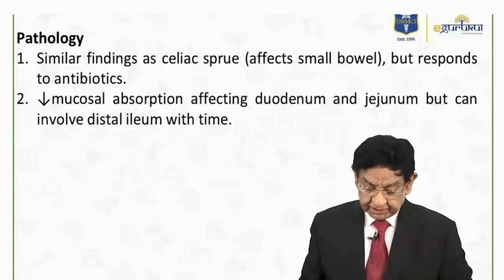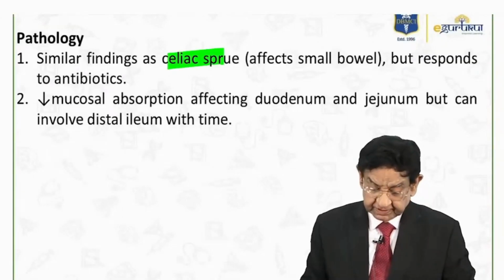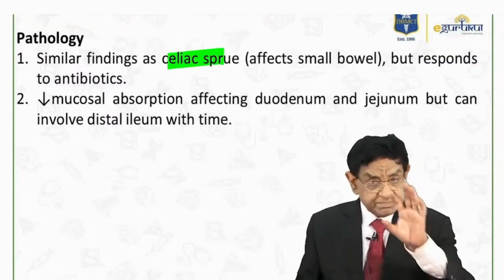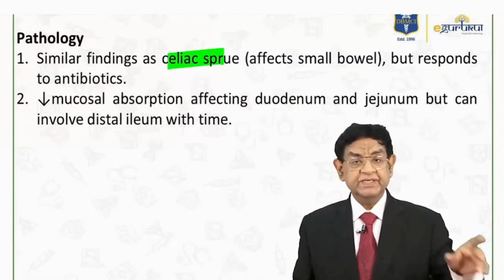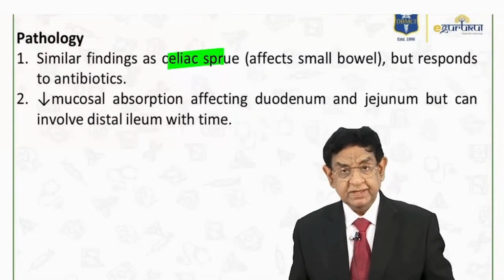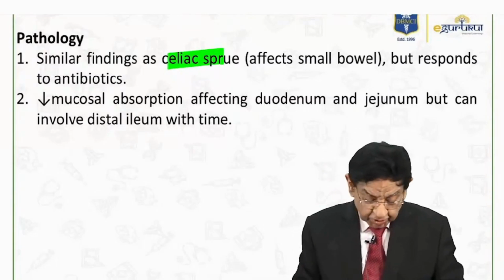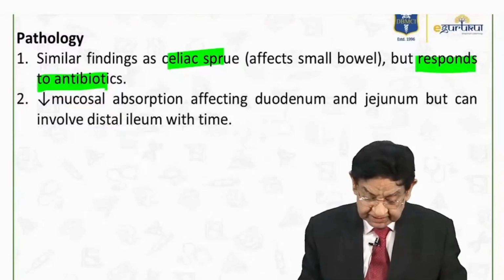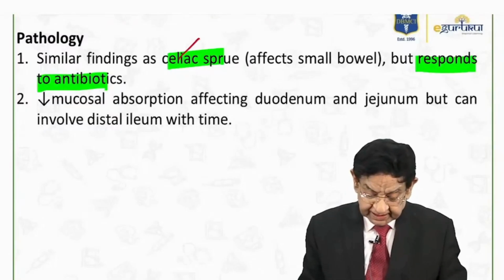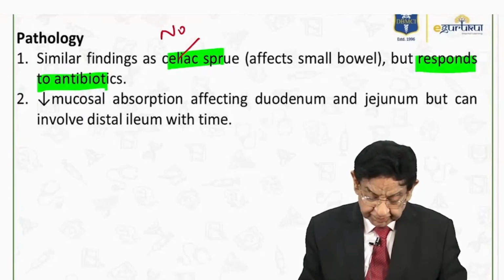Pathology is similar to celiac disease. The same pathology is there, the flattening of the villi, but they respond to antibiotic. Point to be noted: when I discussed celiac disease, I said it is a type of non-tropical sprue.